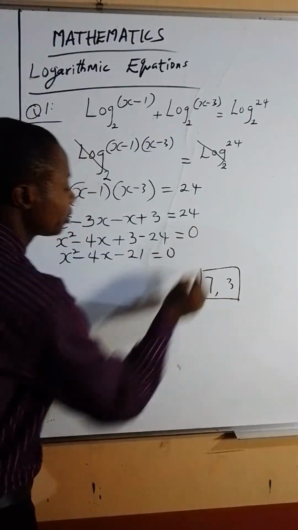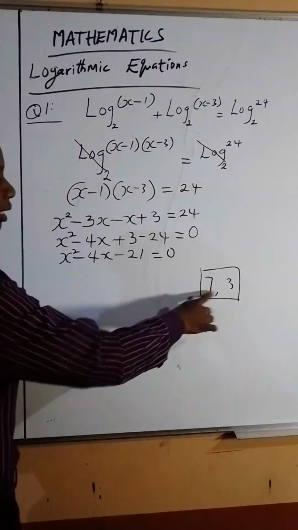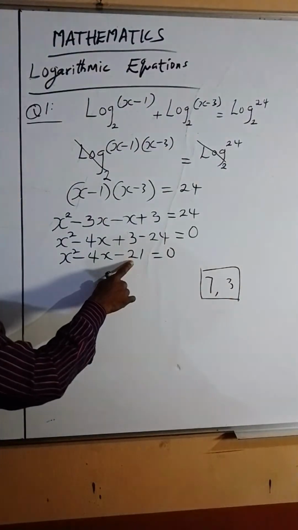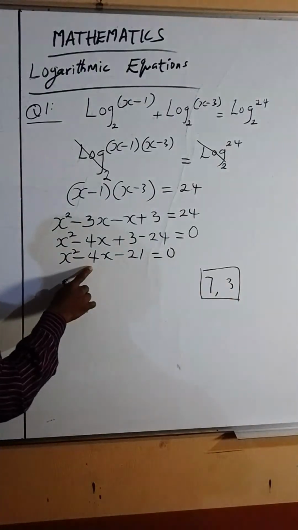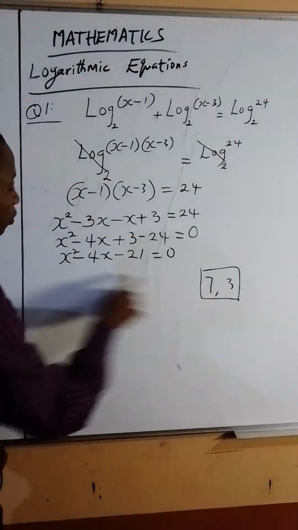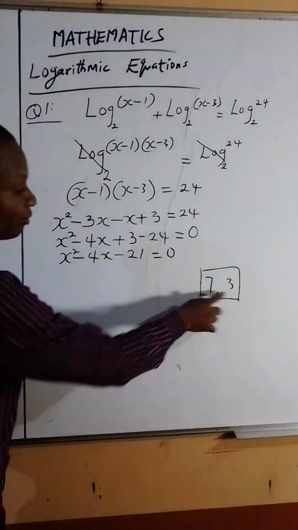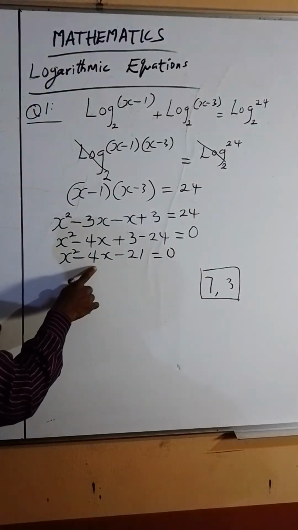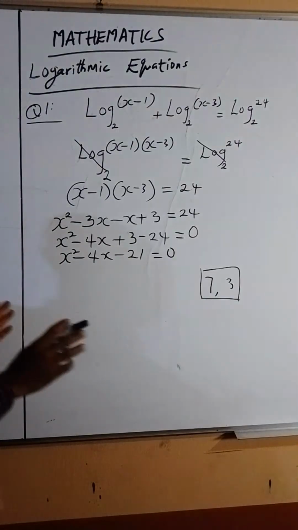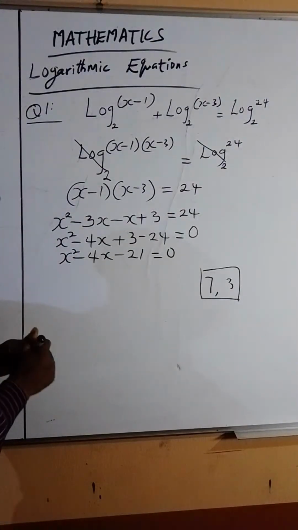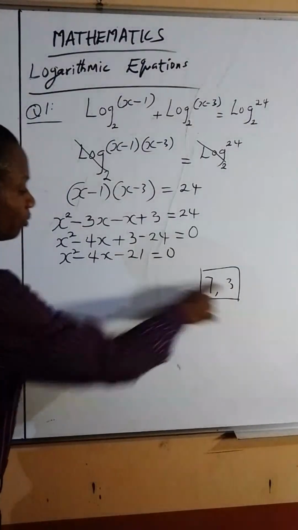So we know that 7 times 3 will give us 21, and 7 minus 3 will give us 4. Then the question now will be this. Please just follow me carefully. We know that 7 times 3 will give us 21.